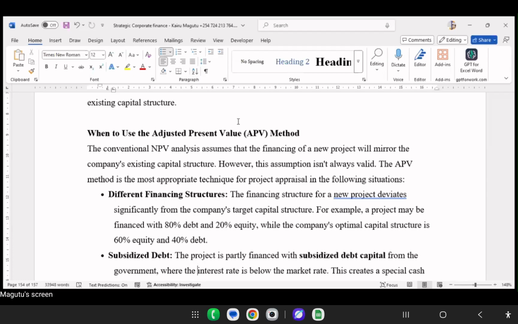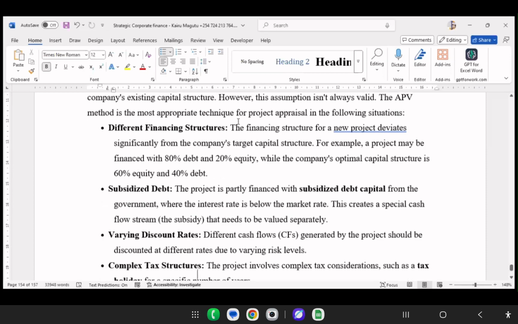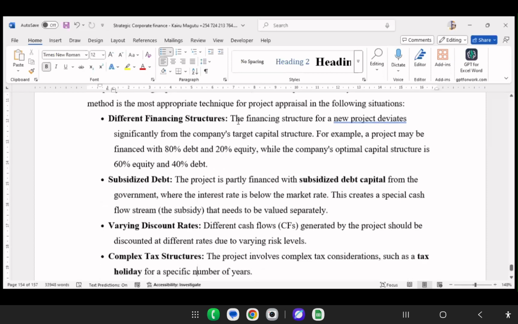But when you are undertaking a new project, you borrow 80% of the capital to finance the new project, so that financing structure is different. In such a case, the conventional net present value may not be appropriate.